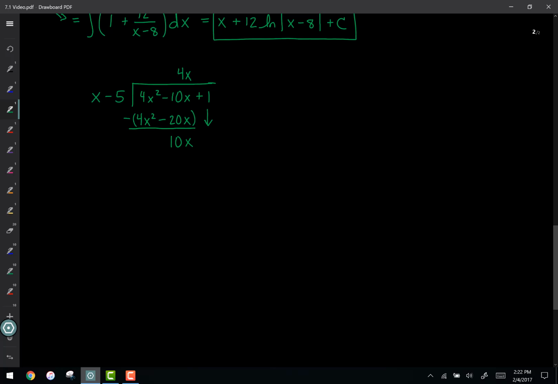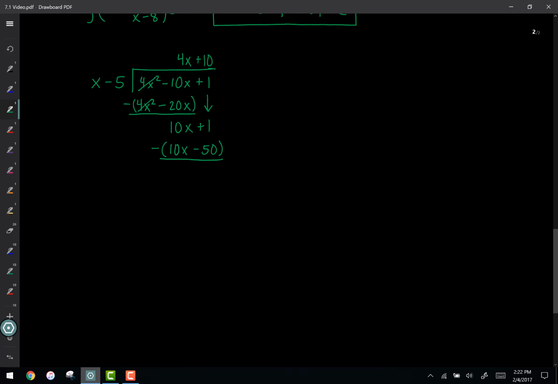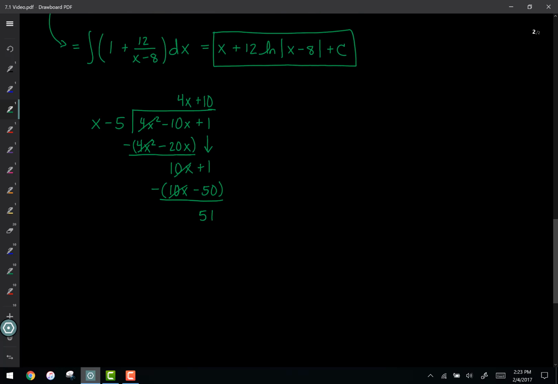And just like from elementary school, drop down the next guy. The x wants to be a 10x, so we need a plus 10. Distribute the 10. Again, these terms should always drop out at every step. So 10x minus 10x goes away. 1 minus a negative 50 is a plus 50, so you get a positive 51.